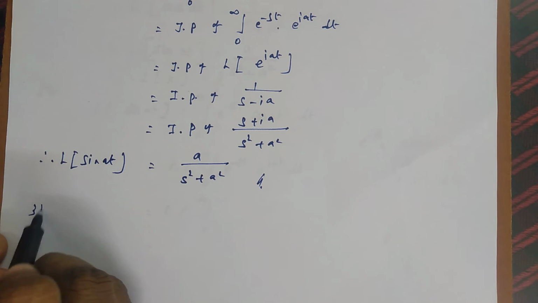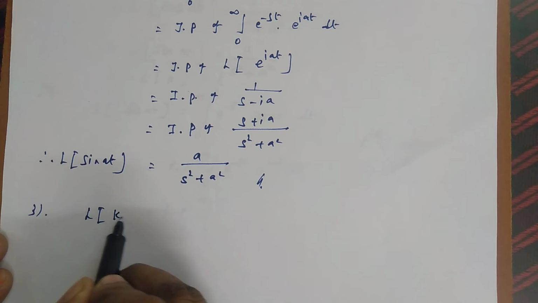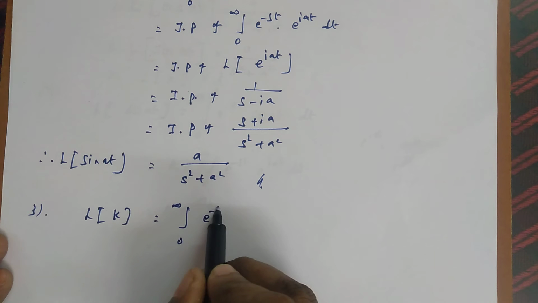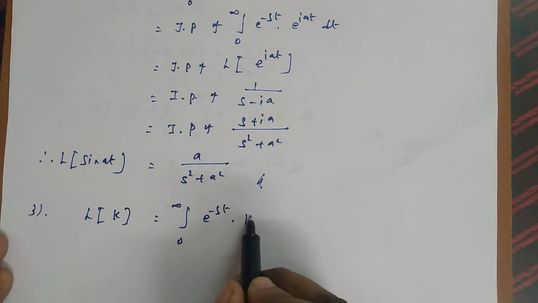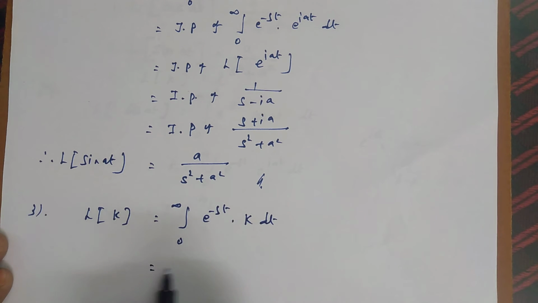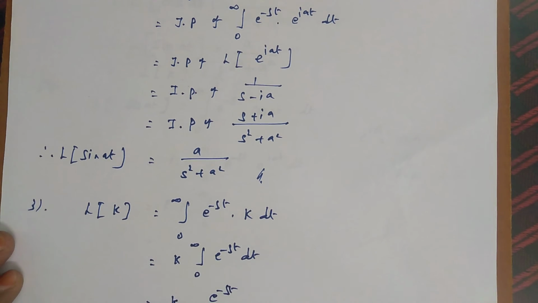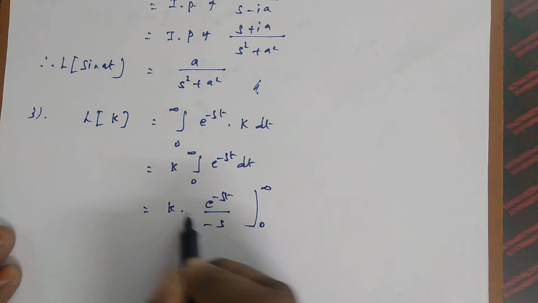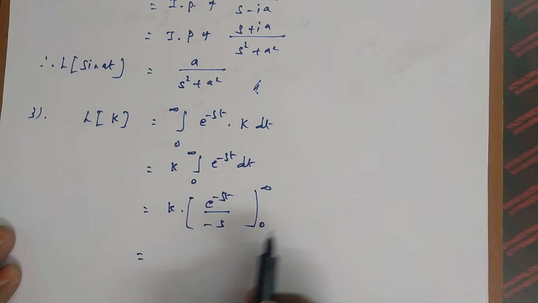Now the third result, Laplace transform of a constant. Applying the definition of Laplace transform, integral of e power minus st into k dt. K is a constant, we can take it outside. So integral 0 to infinity e power minus st into dt. Integration of e power minus st is e power minus st divided by minus s with the limit 0 to infinity, upper limit minus lower limit.